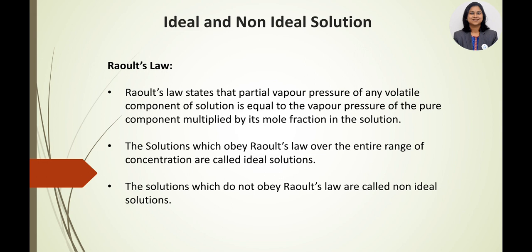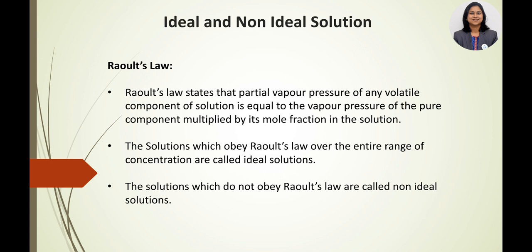Now we have already studied Raoult's law, and we know that P total is equal to P1° minus P2° multiplied with x1 plus P2°.